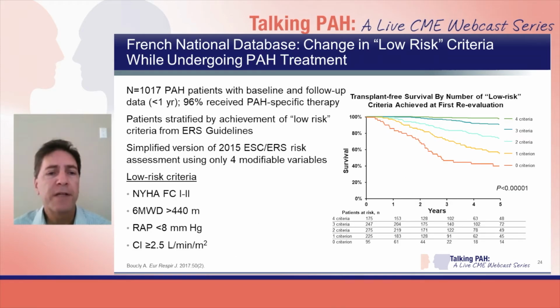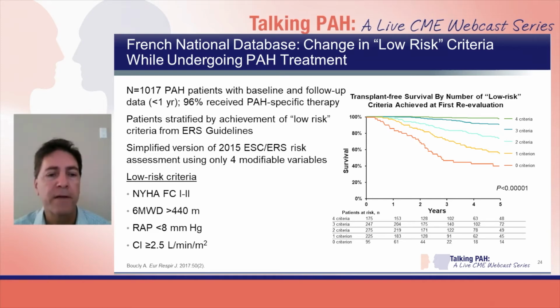Looking at the French National Database, this is what Dr. Bartolome referred to, and we use it as well, especially when we're teaching our fellows and getting them to understand how to achieve low-risk score. So instead of having high-risk points added, we have low-risk targets, and the more low-risk targets you have, the better your overall survival is.